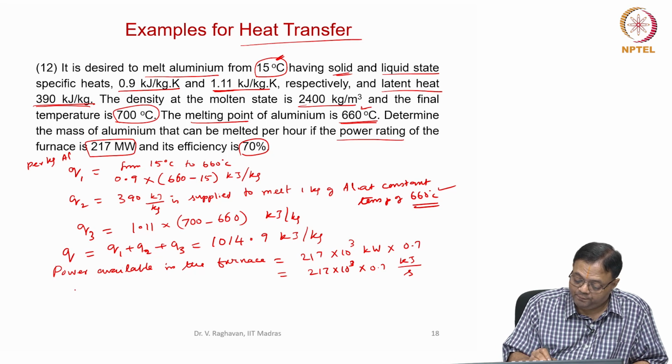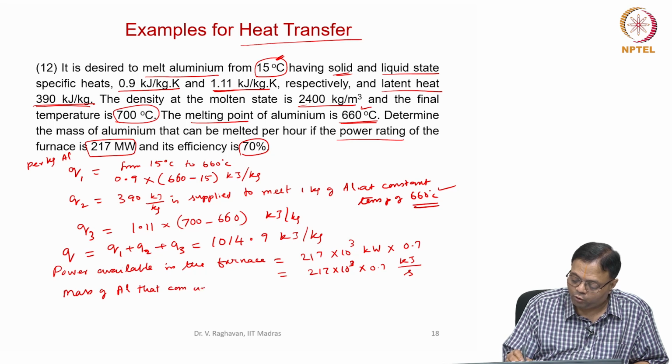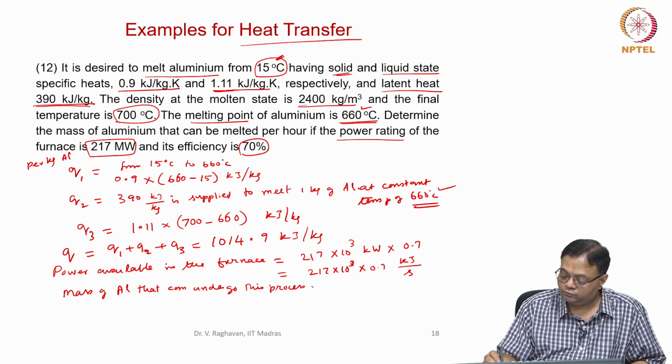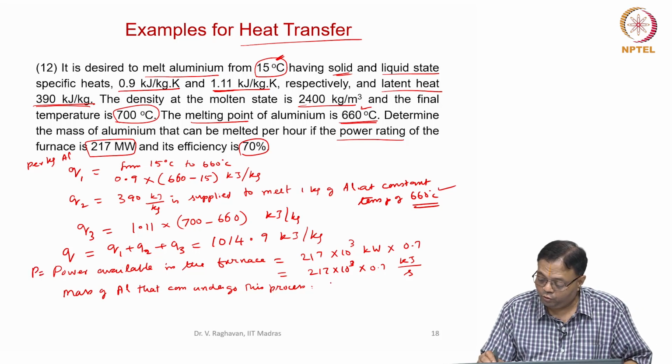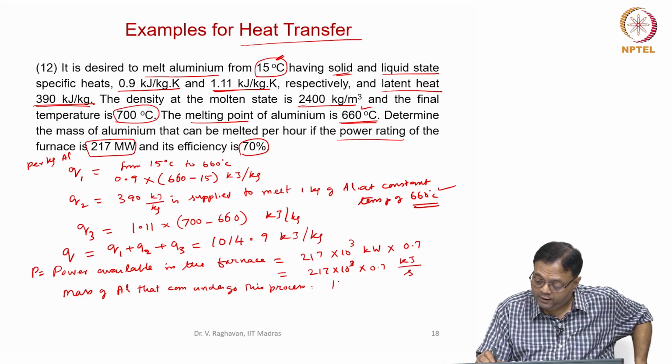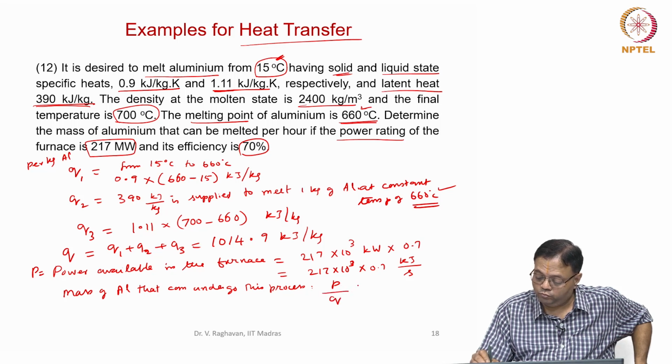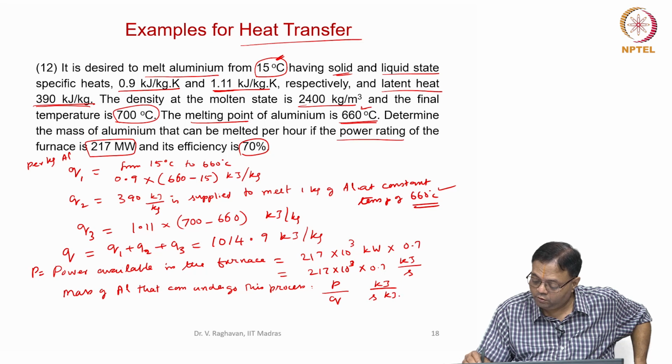Now, what is the mass of aluminum that can undergo this process? Let us say the power is P. Then P divided by Q, that is kilojoules per second divided by kilojoules per kg, will be kg per second.